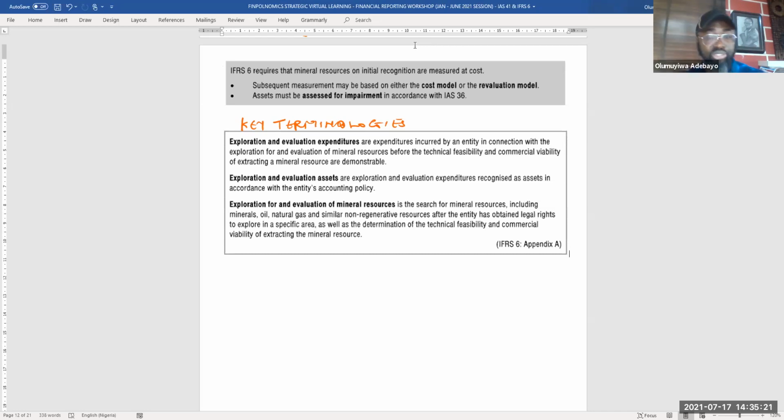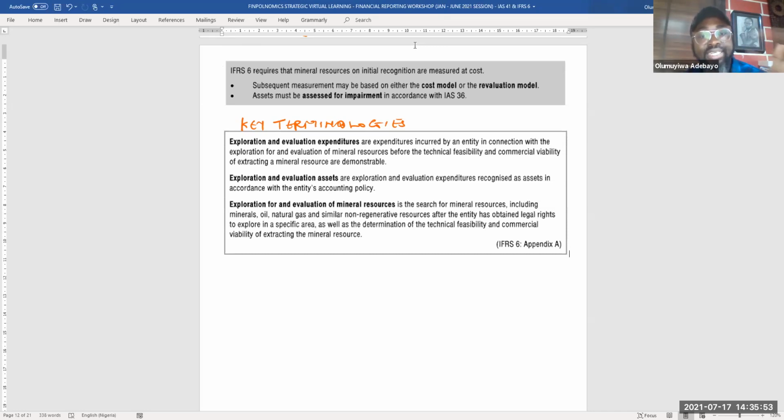Okay, and this expenditure, as you have seen it here, more or less excludes any form of expenditure in arriving at technical feasibility and commercial viability, which means expenditure that involve developmental phase and commercial or production phase are excluded from E&E expenditure. That's another short form. They call it E&E expenditure.